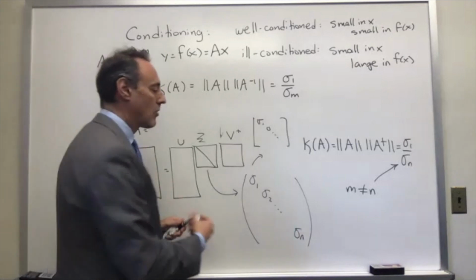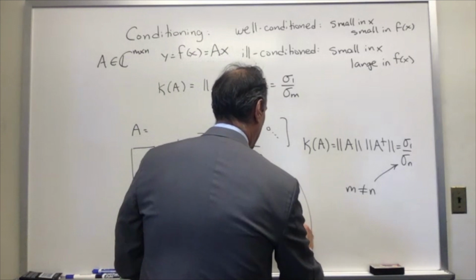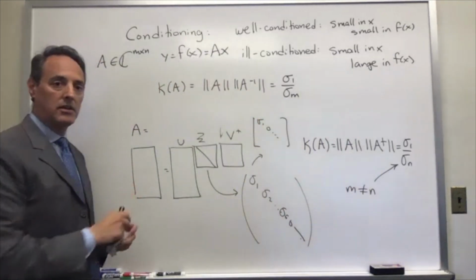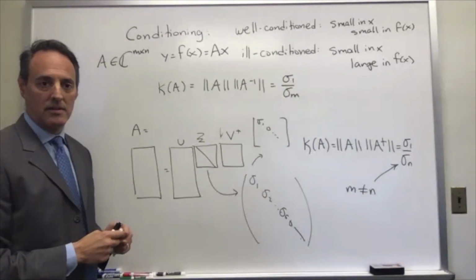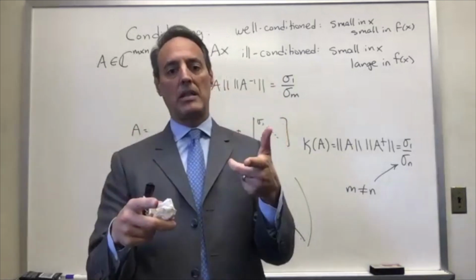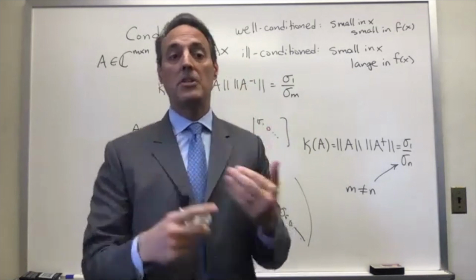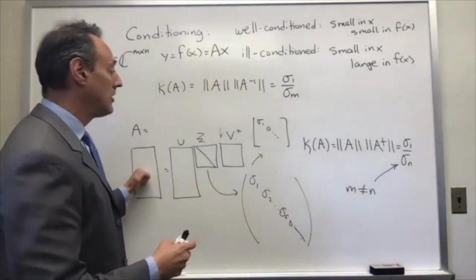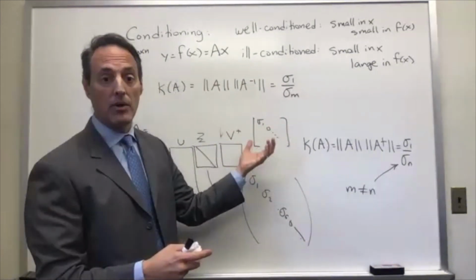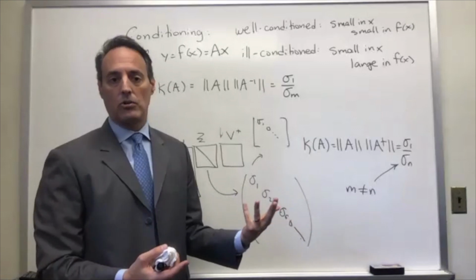In fact, in general, if this goes to rank r and the rest is all 0, it means that there are vectors here that are redundant. Another way to say that is when you solve a system like this, if you're rank deficient, it means some of these directions are linearly dependent. And when you try to solve Ax equal to b with it, it's ill-conditioned. In other words, there's either an infinite number of solutions or 0.